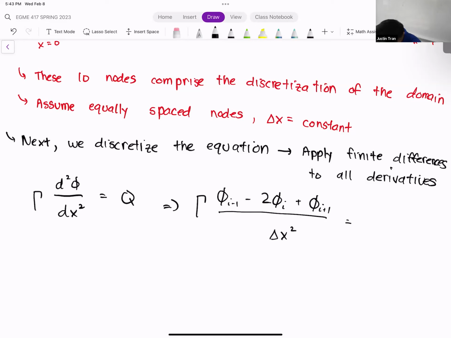If we apply our central differencing scheme, we get phi I minus 1 minus 2 phi I plus phi I plus 1, all divided by delta x squared.